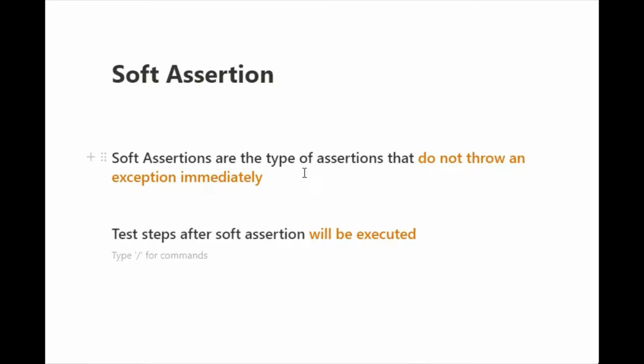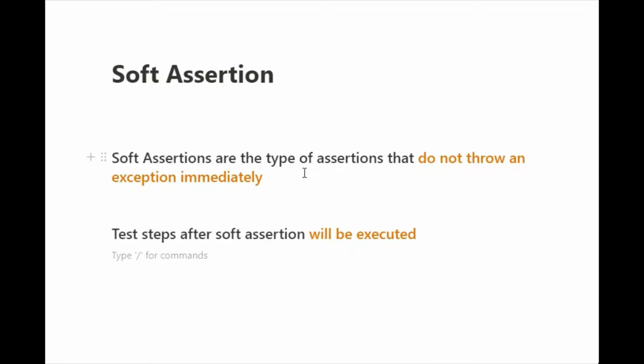In that case, if you are already aware that this step might fail, you can put a soft assertion at that step, so that the rest of the test steps will be executed even though there is a discrepancy in the date field. In these types of places you can use the soft assertion.